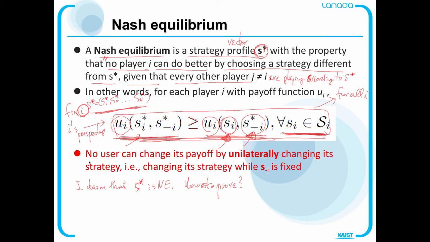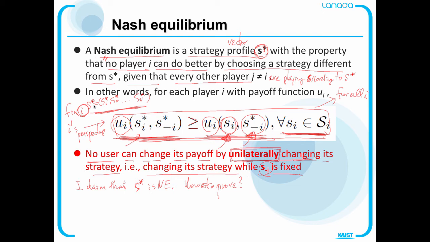So it means that no user can improve its payoff by unilaterally changing. This is a very, very important word. Unilaterally changing its strategy means changing its strategy while other players are fixed. Okay?